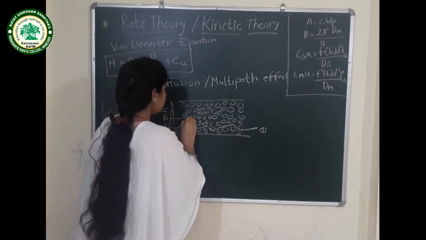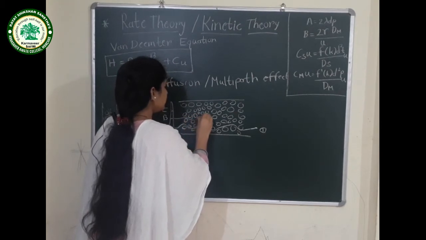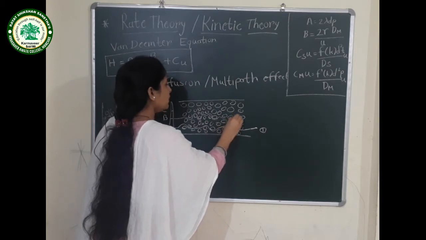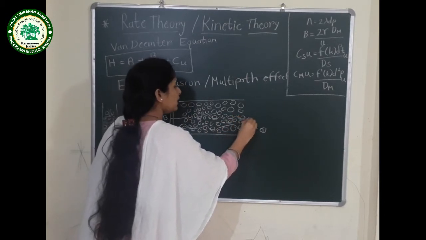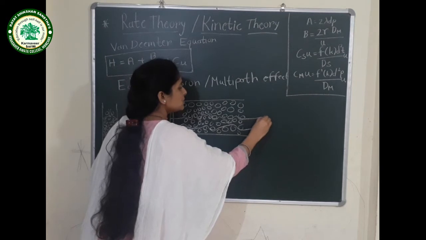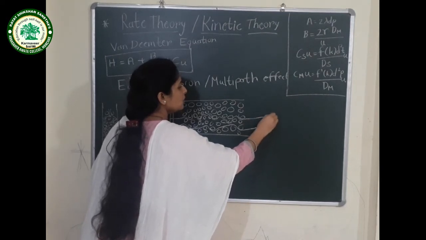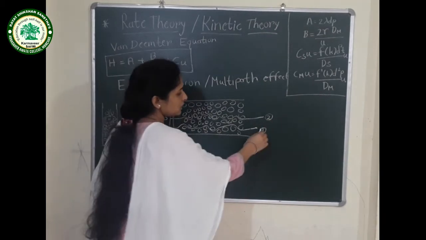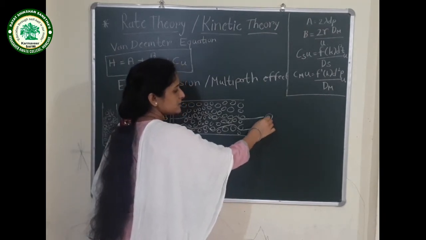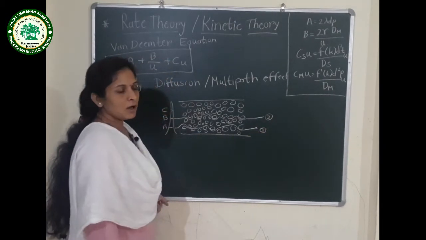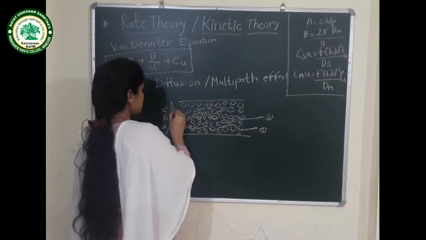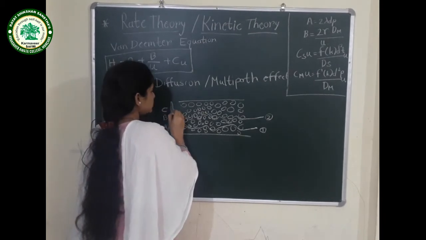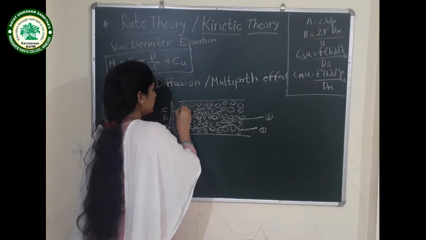Now the B component will travel with a path which is slightly longer than the first path. That's why it requires some more time than the first molecule for the elution. This means the retention time of the second particle is more than the retention time of the first particle. Now we will see the third particle, which is the C component, which will travel with another path.